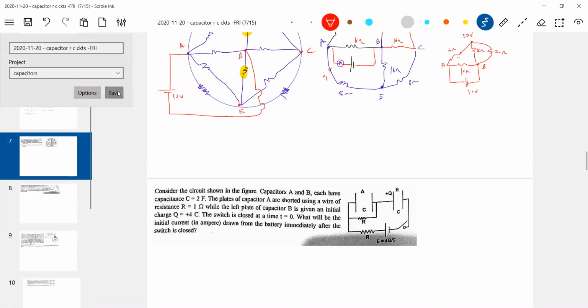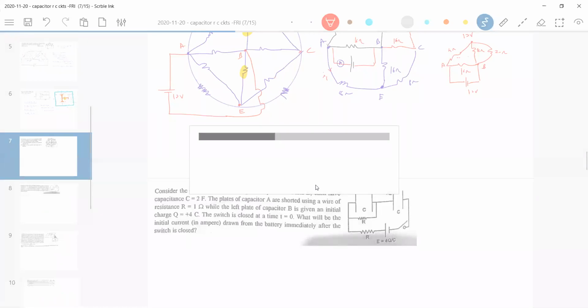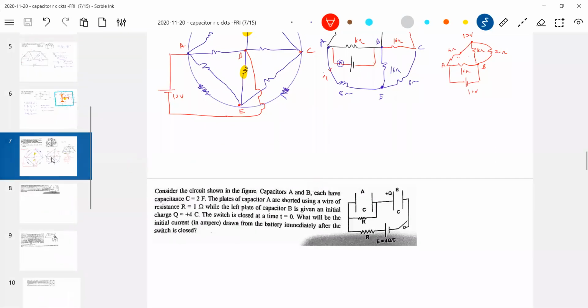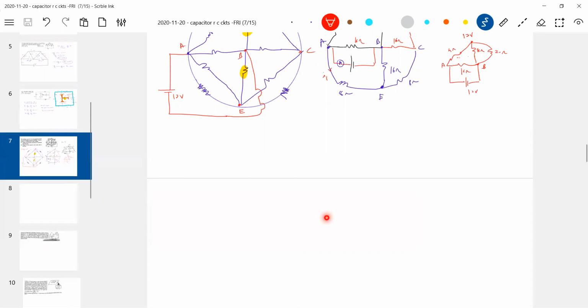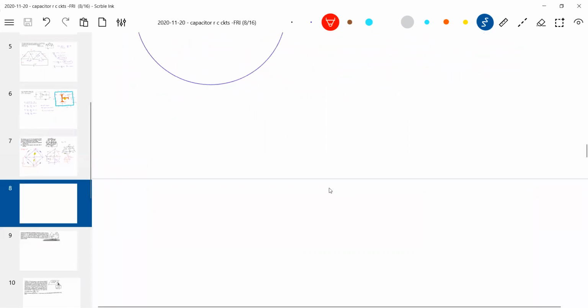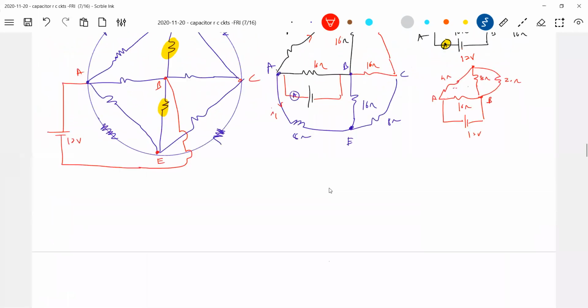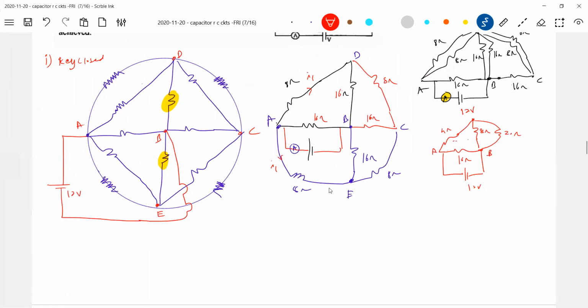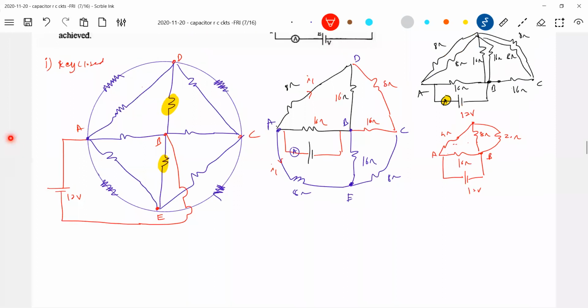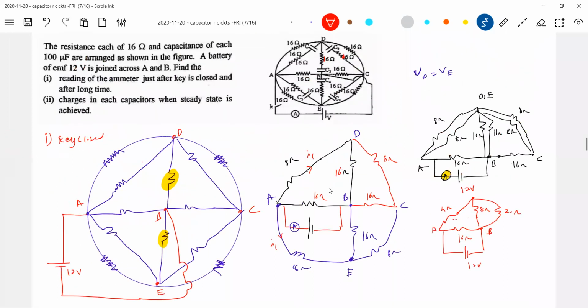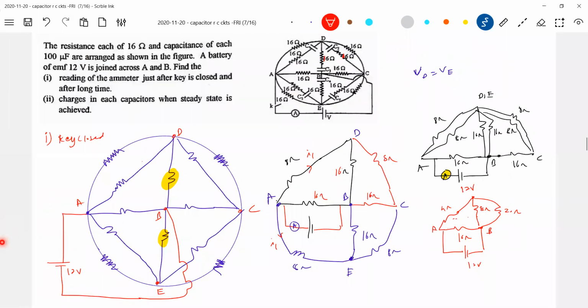Let me add one more page. I'm going for second part of the problem. In the second part of the problem, what is the effective circuit? Where all capacitors are open circuit. Okay, drawing circuit again, we have to. The first part only.